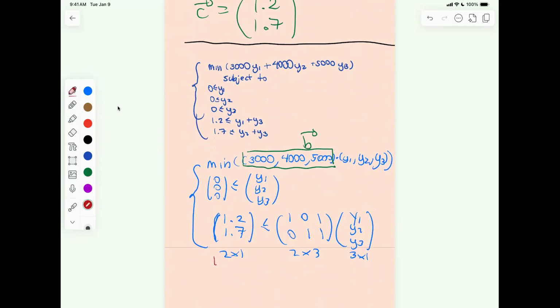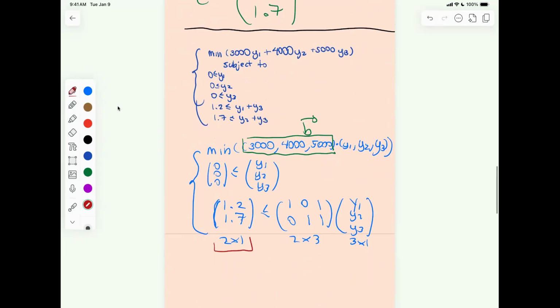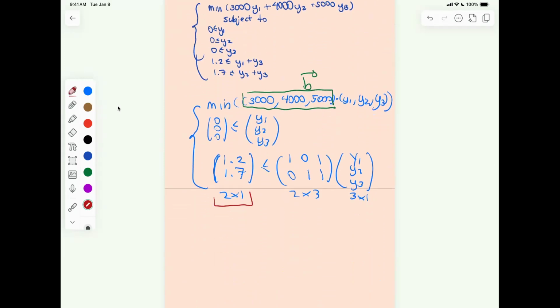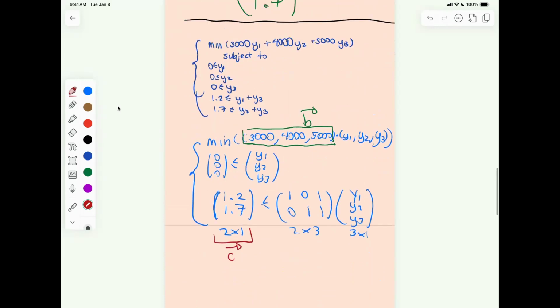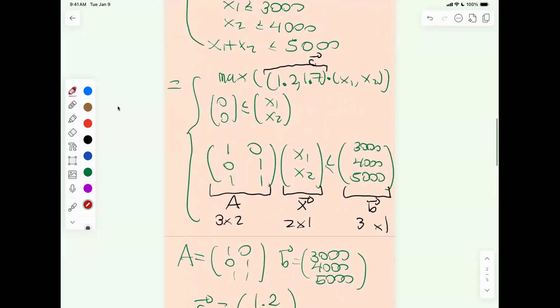How about this one? What is 1.2, 1.7? That's literally the vector C from before. Now it appears in a matrix inequality, whereas before the vector C was appearing in the coefficients of the maximizing function.